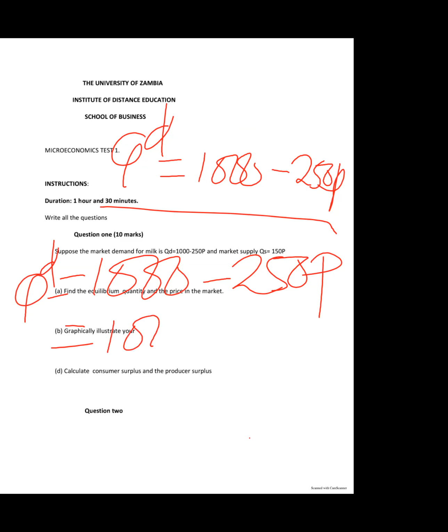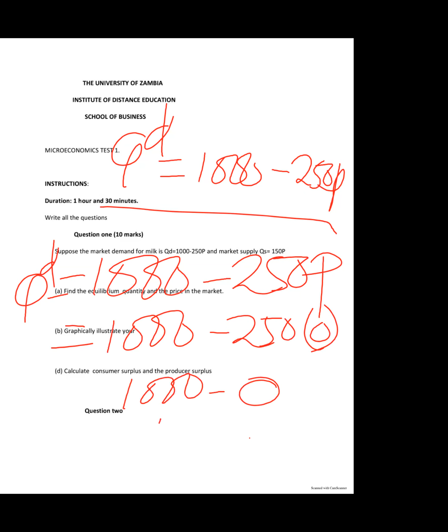So we have 1,000 minus 250 multiplied by 0. When you do the multiplication, you have 0, and 1,000 minus 0 gives you 1,000. You will have 1,000 as the maximum quantity. So that is what we have here.